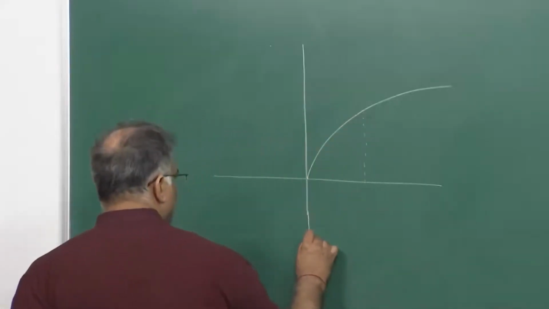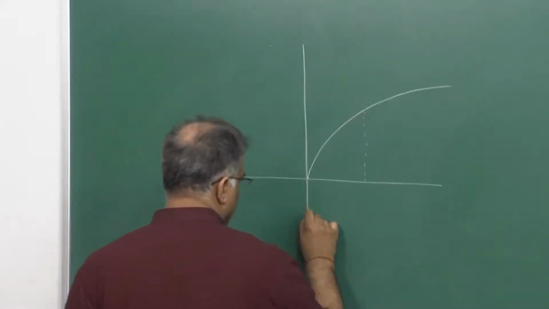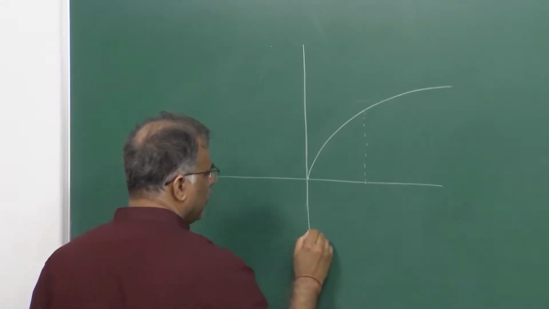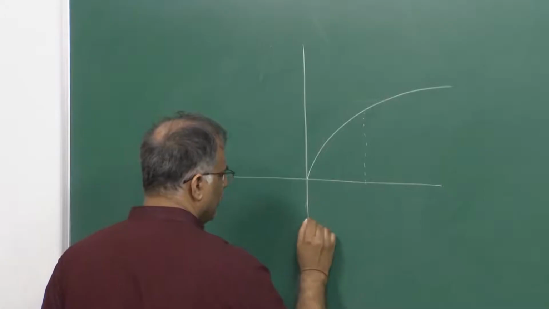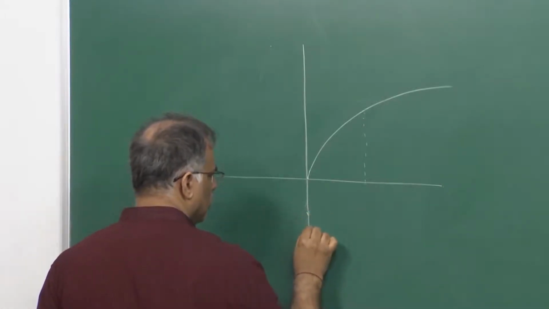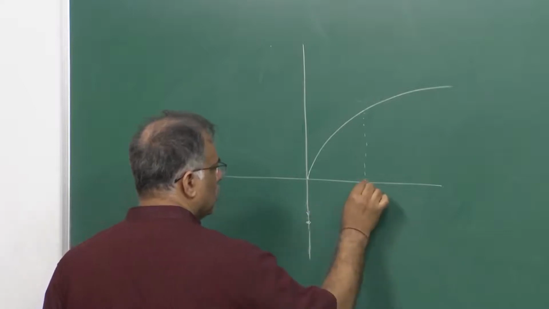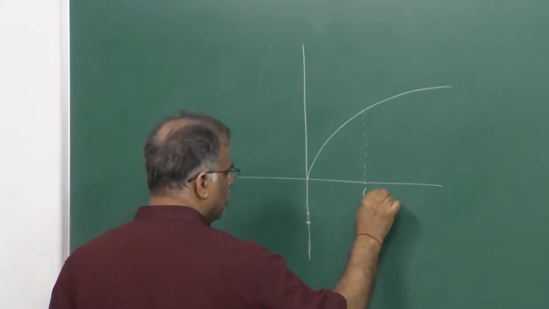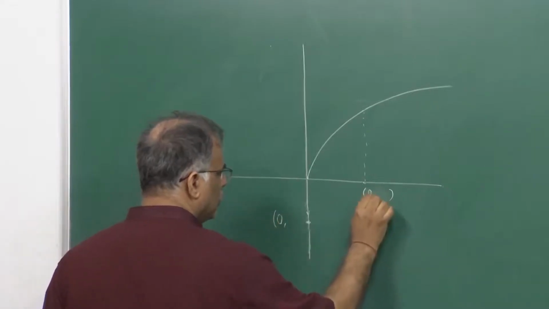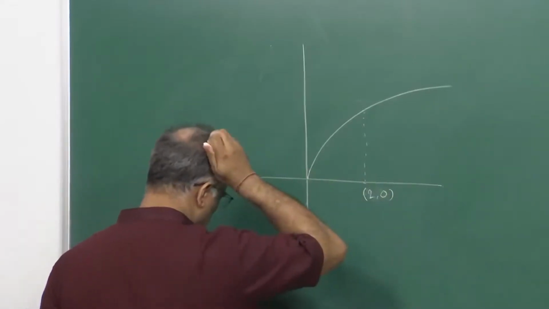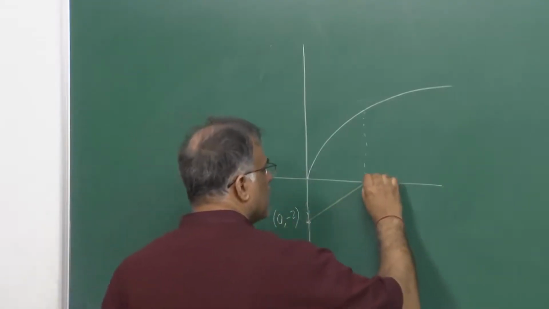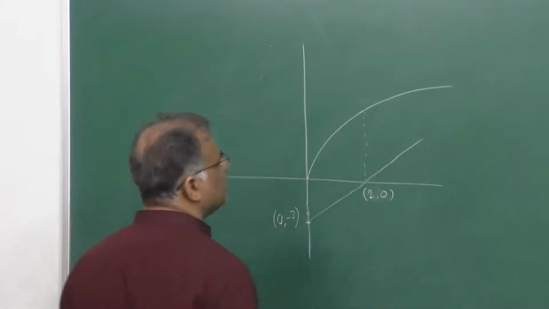So, the line definitely passes through 0, minus 2, for example here it passes through, so this is 0, 2 and this is, sorry, this is 2, 0 and 0, minus 2. So, this line just passes like this, right.